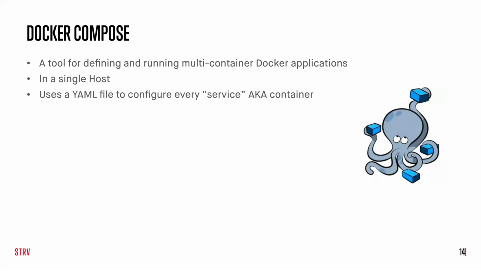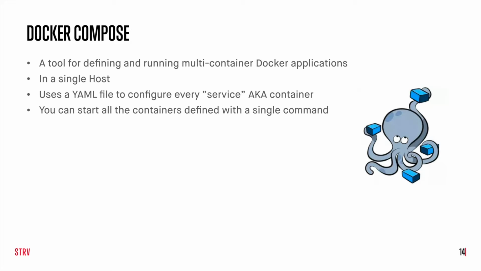So it calls it a service, and you are abstracting upon the group of containers of the same type, and you can do whatever management with that. So you can, for example, start all the containers defined in the compose file with a single command. You can stop them, destroy them. You can just run part of them. You can build them. It's just a tool for management of multiple containers in an easy way.